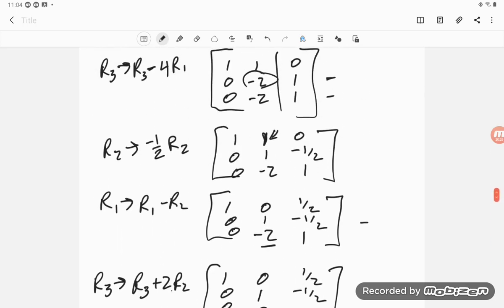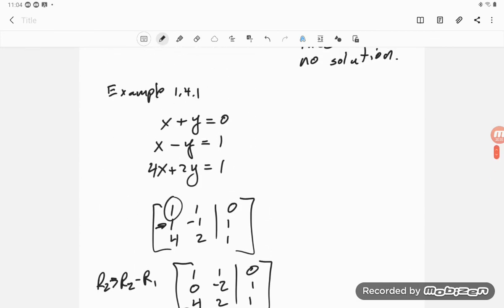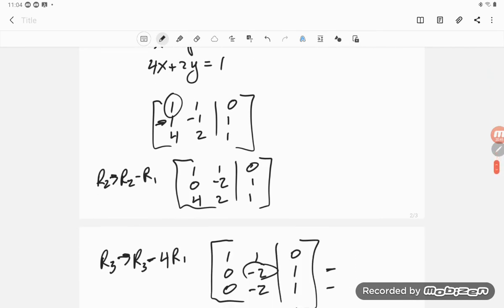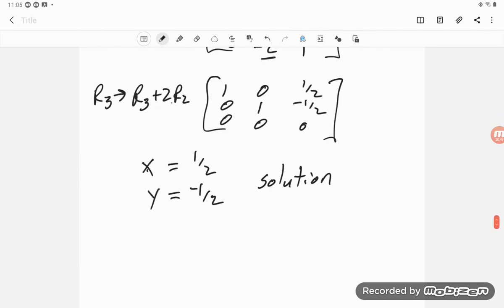That original equation, let's see, can we see that? No, it wasn't either one of these two equations multiplied by something, but it was a combination somehow of those two equations. And at any rate, we do have a solution.